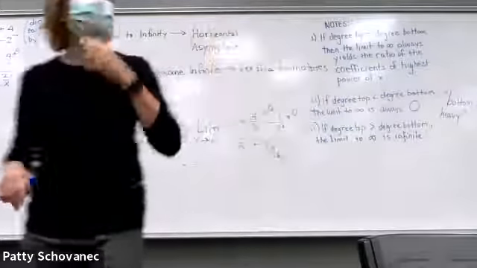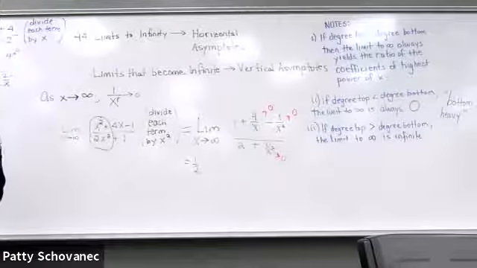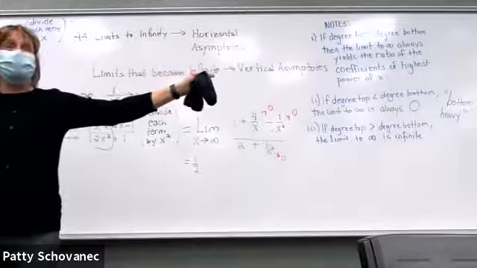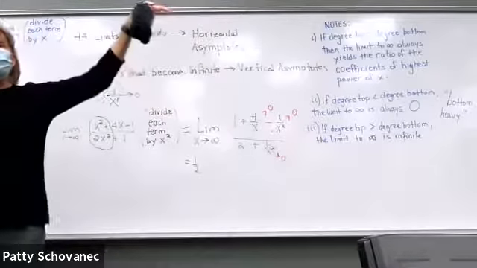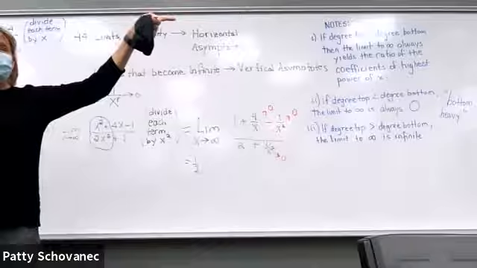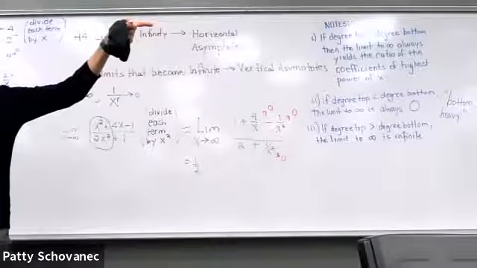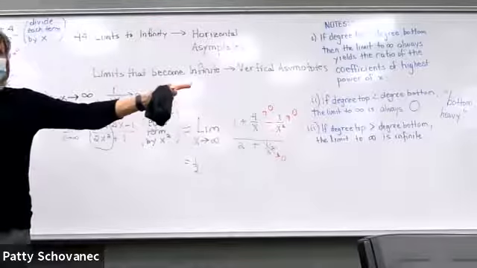What these limits describe geometrically is what the graph does at the tail ends of it for large values of x or for small values of x. If we have some sort of limit, then both ends will kind of go toward that y value. Sometimes only one end does, but the ends will go toward that y value. If the limit is 0, then that y value is the x-axis.